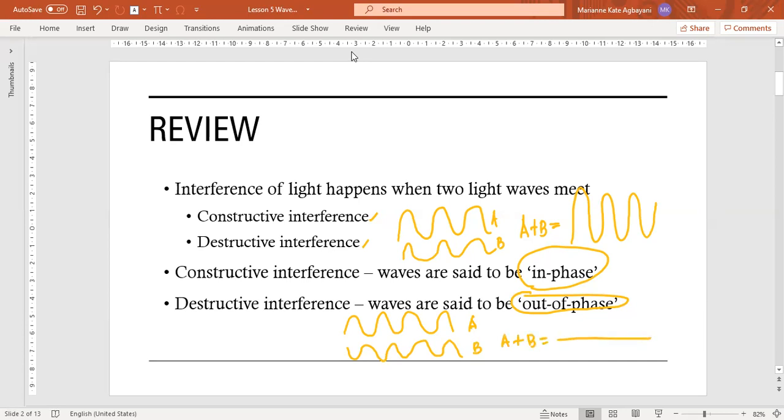That's why it is called destructive interference. The waves are out of phase because if you add them, they are in opposite directions. So what will be formed is almost zero, or a lesser wave.